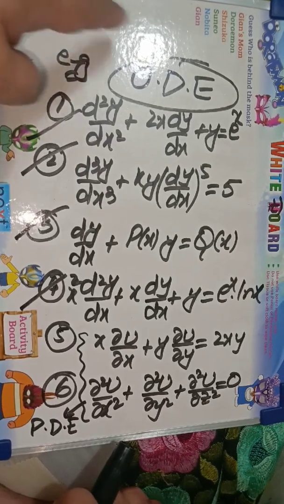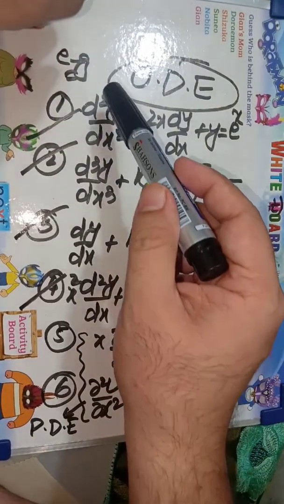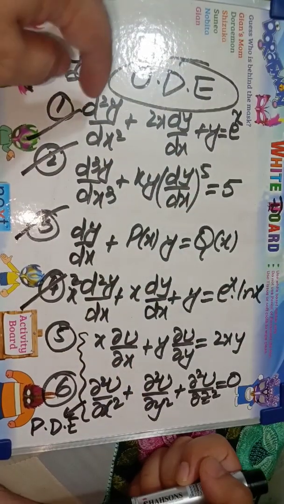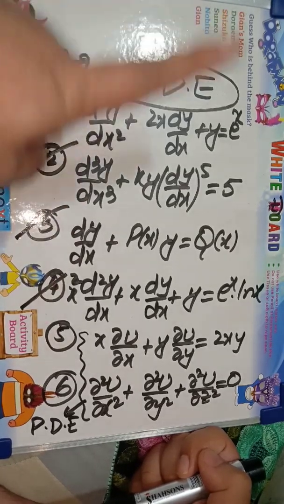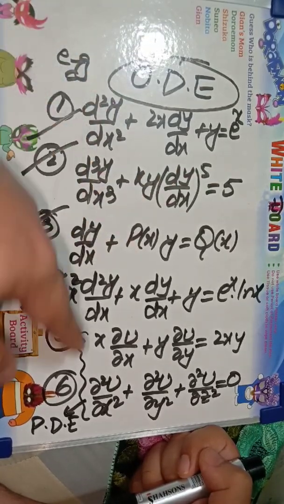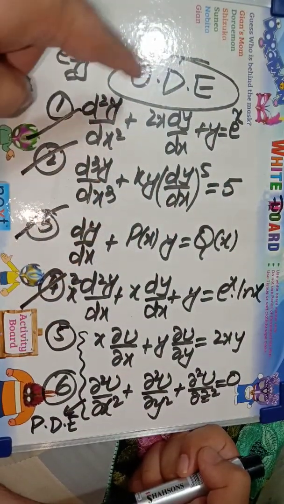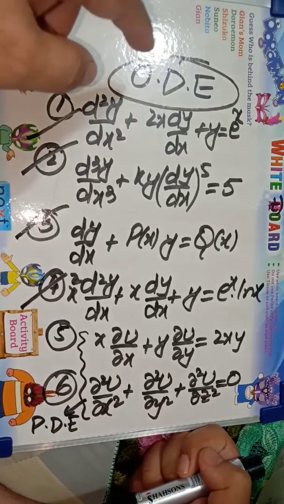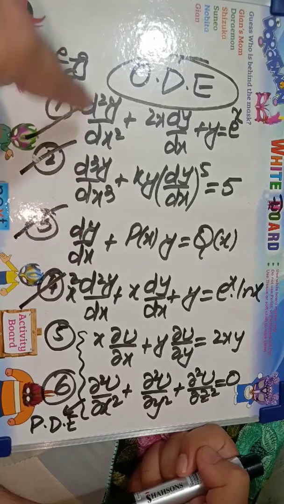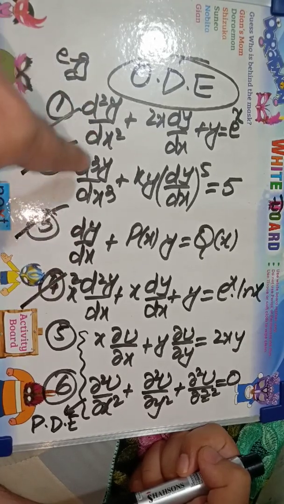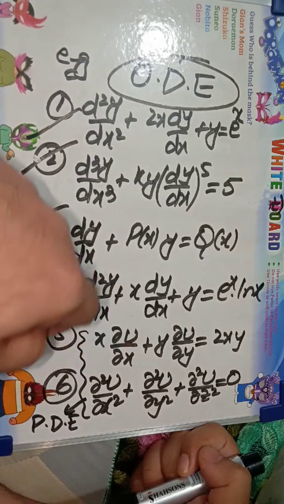In all these 6 examples, you can see that the dependent variable which is in the numerator of each fraction is only one. So any kind of differential equation, which may be an ODE or a PDE, contains only one dependent variable. In the first four examples, this dependent variable is y, and in the last two examples, the dependent variable is u.